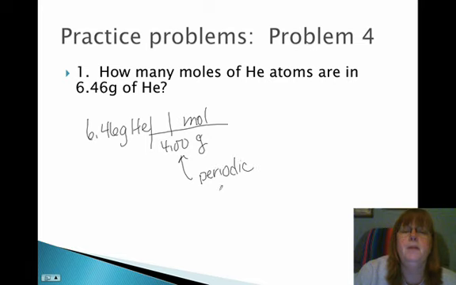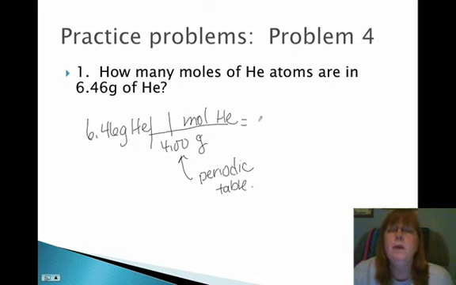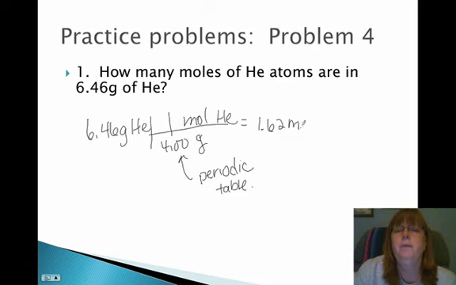So sometimes when you go back and review your notes, you may wonder, where did that number come from? That is the molar mass of helium. All right, and so what we get when we do that for moles of helium is we get 1.62 moles of helium. A mole is 4 grams. We have a little more than 4 grams. We have 1.62 moles of helium.